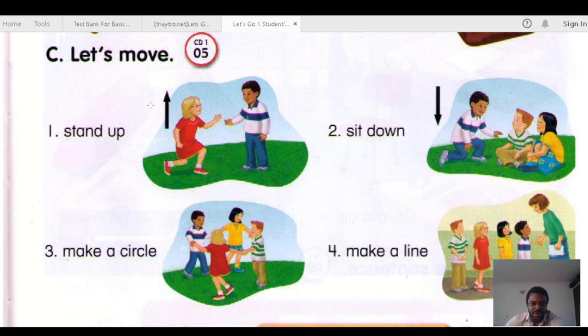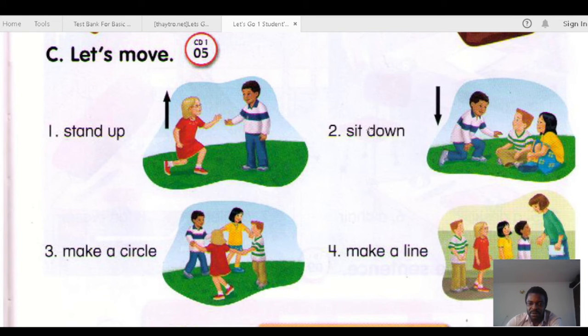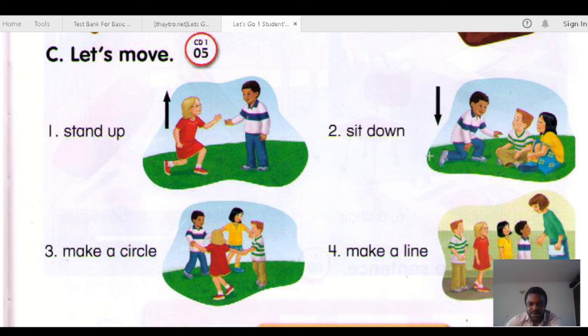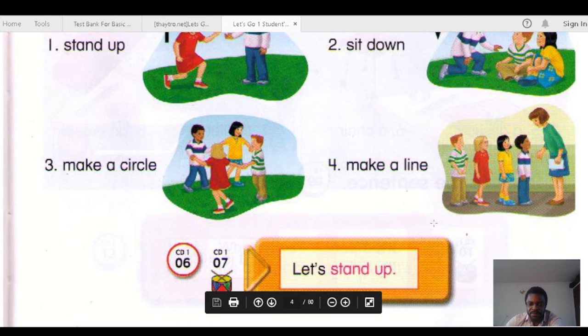You see this one: stand up, sit down, make a circle, make a line. Stand is a verb. Sit is a verb. Make is a verb. Let's stand up. Let us stand up.